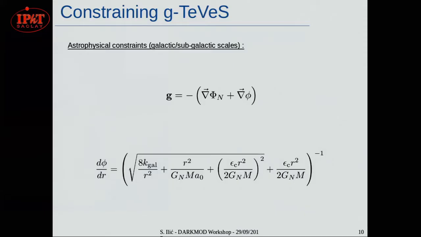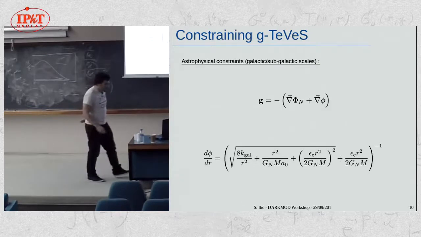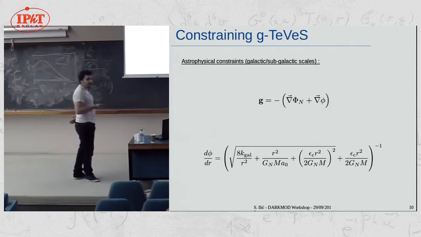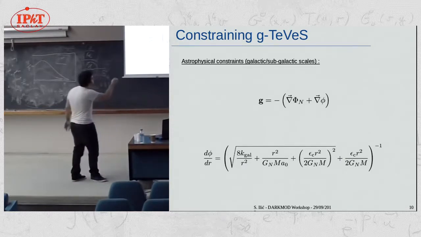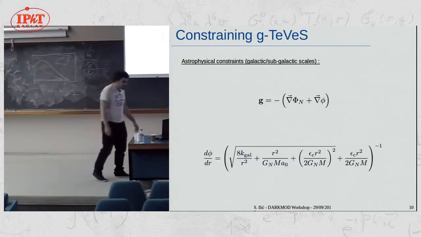So now that I presented you the model, what about the constraints on the three parameters of the model? The original authors of this model have derived some constraints from what I would call small scales, so galactic and subgalactic scales.